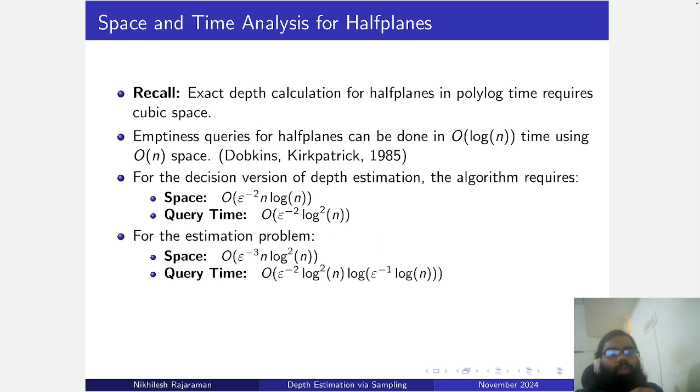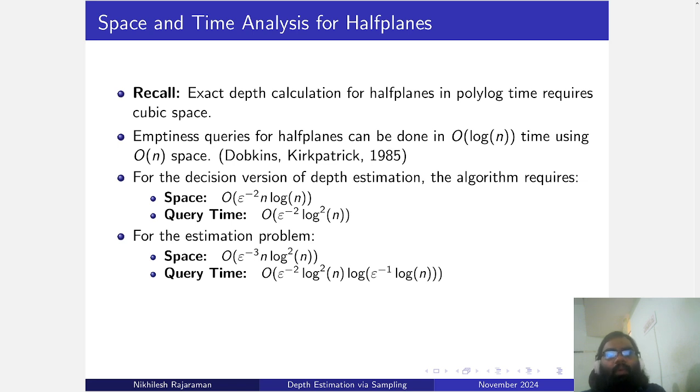And finally, when we go to the full estimation problem itself, what we saw is that we can solve it by constructing an exponential grid of thresholds of size order log n by epsilon. We have to build log n by epsilon different decision problem data structures to answer the estimation queries. So the space complexity increases by another factor of log n by epsilon. From epsilon to the power minus 2 times n log n, we multiply by another log n by epsilon to get epsilon to the power minus 3 times n log squared n.